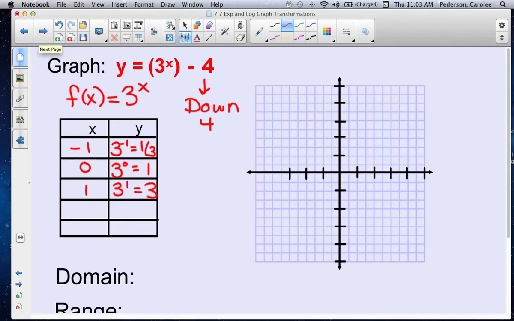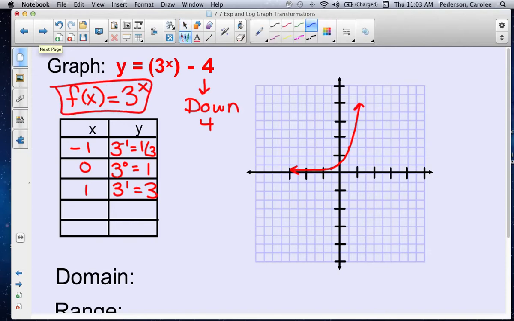If I graph those 3 ordered pairs first, it'll look like this. So -1, up 1/3, over 0, up 1, over 1, up 3. Here is the traditional parent function for f of x equals 3 to the x power.